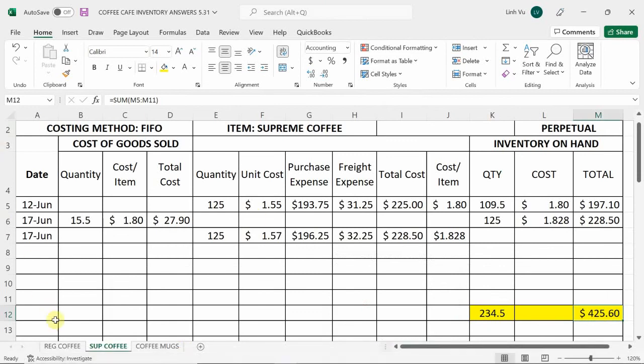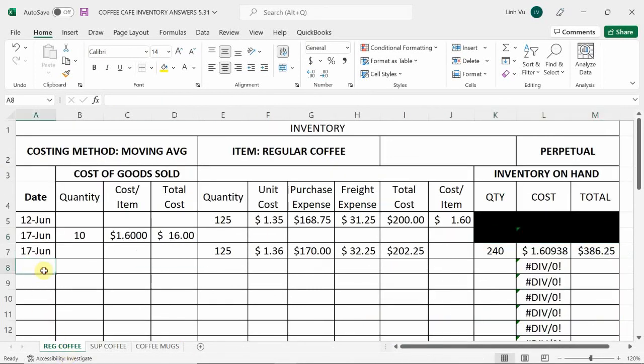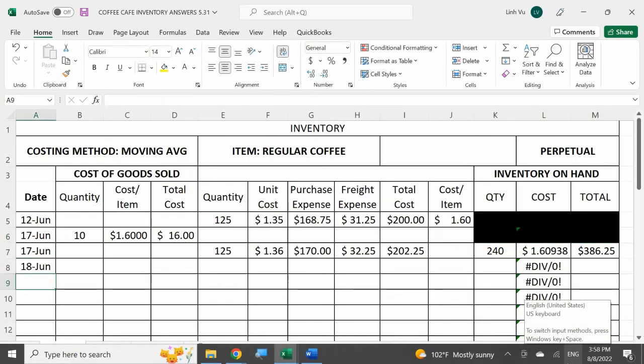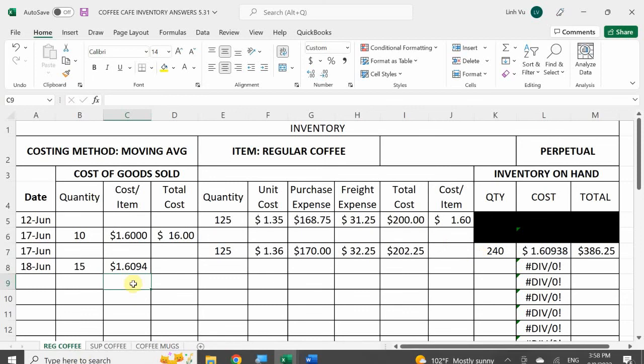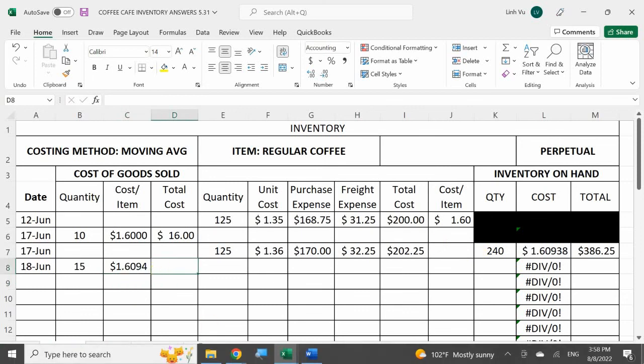Okay, so regular coffee, 15 pounds, right? And it is 1.60938. Yes, that is my average cost right now. So in this case, I am obligated to use my equal round formula to get the perfect rounded number to charge.